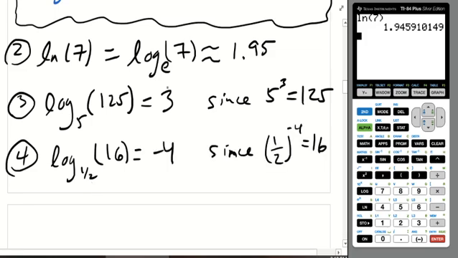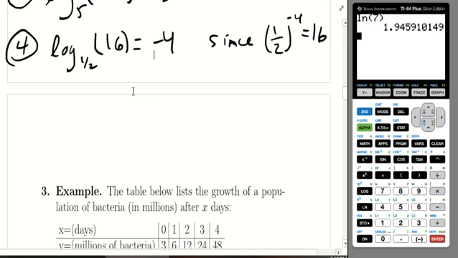So how would we check these using our calculator? We could use something called the change of base formula, and I will write it out in general later.